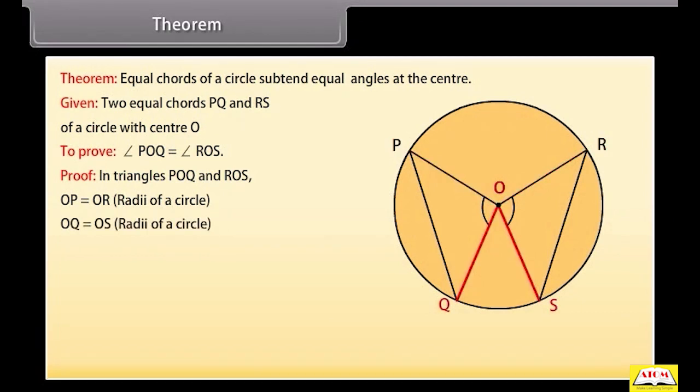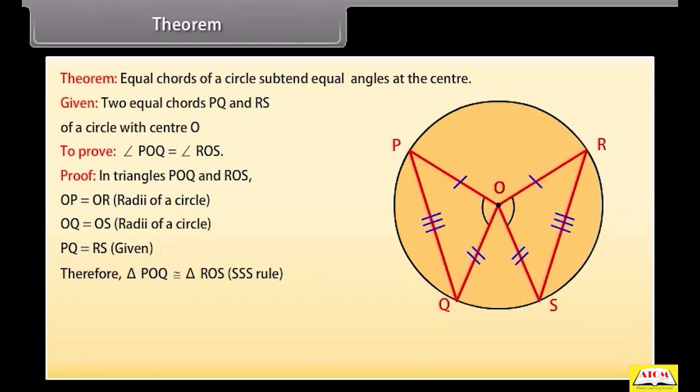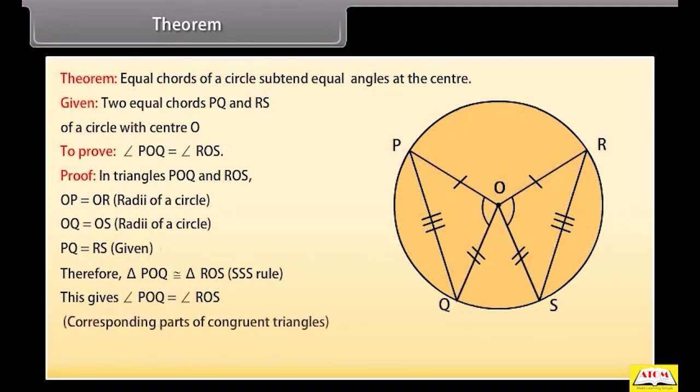OQ is equal to OS. These are also the radii of a circle. PQ is equal to RS, given. Therefore, by SSS congruence rule, triangle POQ is congruent to triangle ROS. This gives angle POQ is equal to angle ROS because corresponding parts of congruent triangles are congruent.